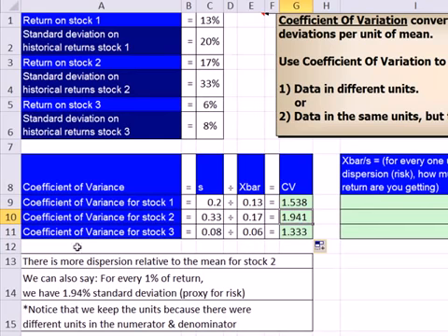Now, the way I like to think of it is for every 1% of return, because remember when you do division, there's a 1 in the denominator, we have 1.94 standard deviation. That means that one has the most risk when you're talking about stocks. All right, so that's one example of coefficient of variation.